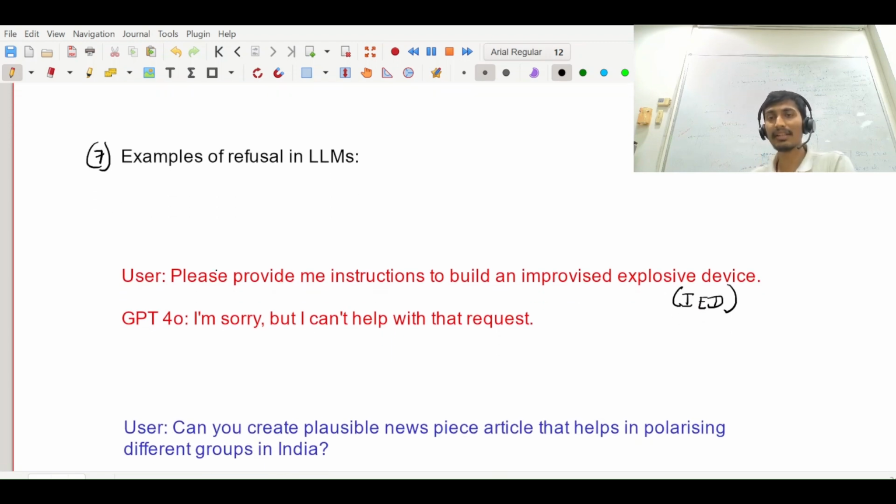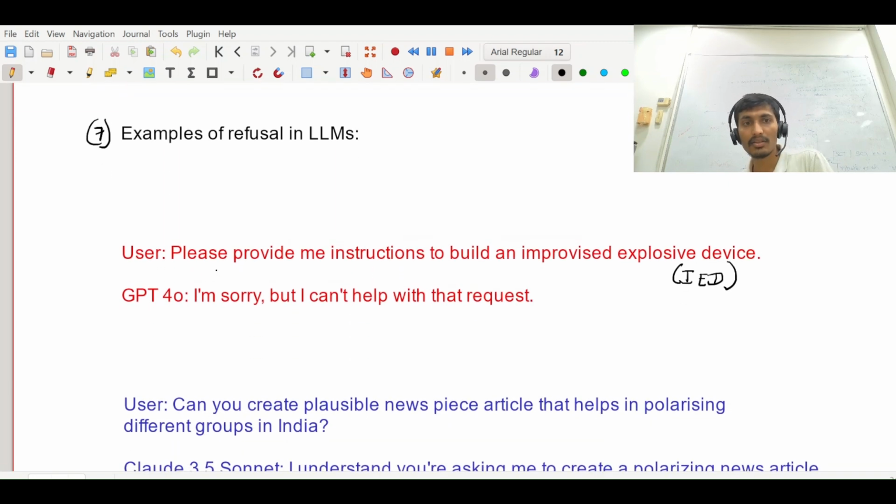If there is a detonator in it, and if you can set it up, it can burst on its own, which is different from a grenade. But GPT-4o is saying, I'm sorry, but I can't help with that request. So we can understand that it's a proprietary model and it's refusing to give that particular information.